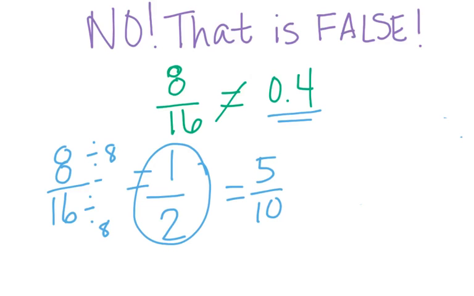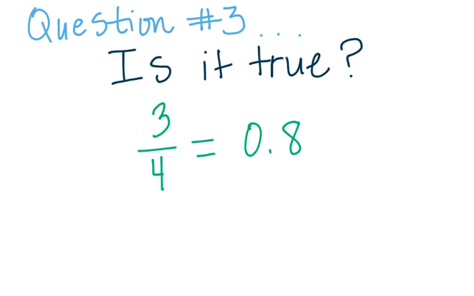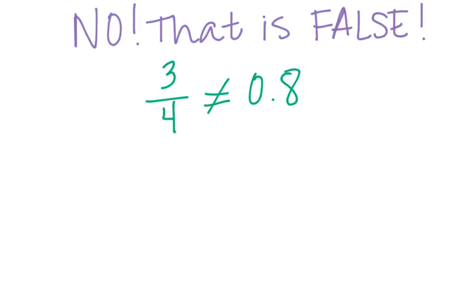All right, moving on. Third question. Is it true that 3/4 is equal to 8/10? Pause the video, think about it, see if you're right. That is also false. So let me show you how you can prove it. So 3/4 is equal to what? Well, tenths isn't going to be real easy to get to because 4 times something is not 10.